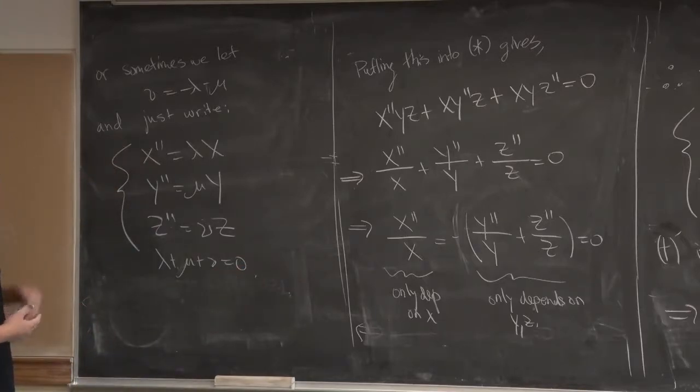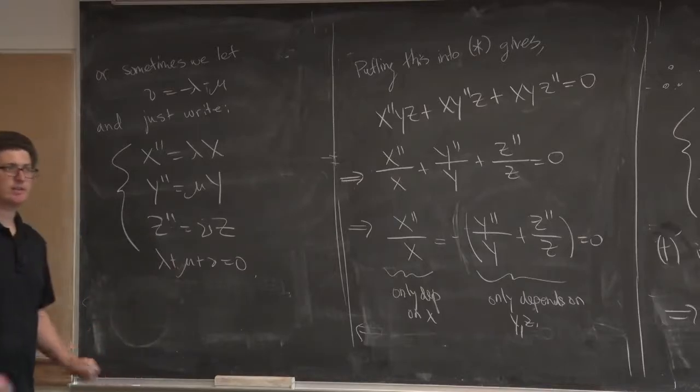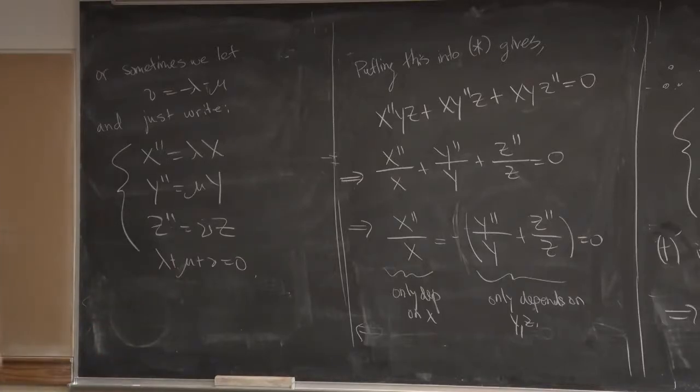Okay? So we can separate variables, and then now we have the eigenvalues for these things are subject to this additional condition, right? That their sum is 0.